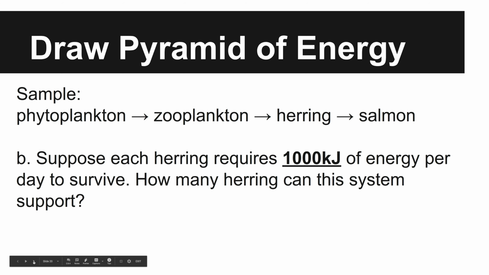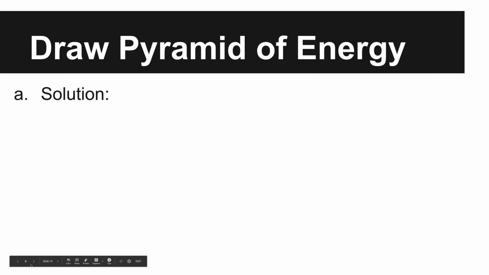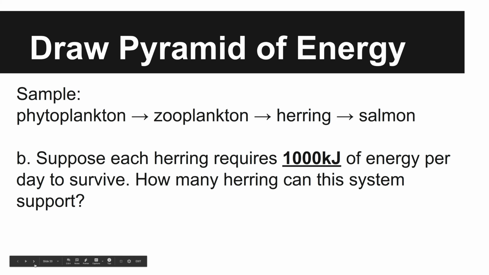And so yeah, solution. Suppose each herring requires 1,000 kilojoules of energy per day to survive. How many herring can survive in this system?